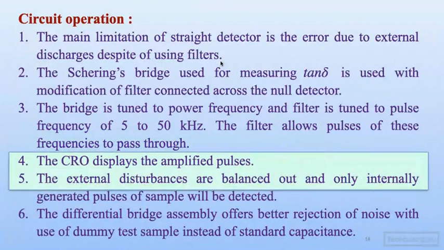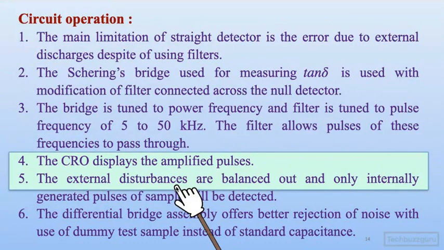The CRO displays the amplified pulses, and external disturbances are balanced out, and only internally generated pulses of the sample will be detected. So this is the advantage: external disturbances other than the partial discharge will be eliminated, so that we consider that as a noise, something that we do not want to measure.